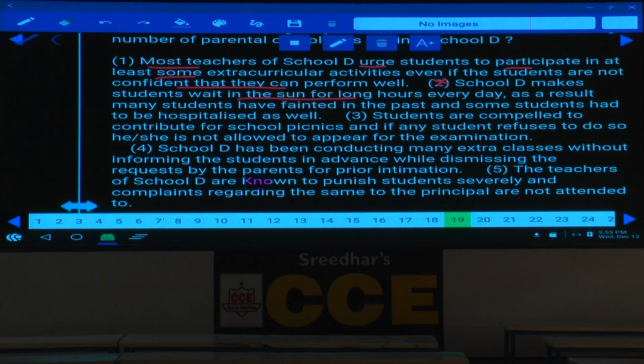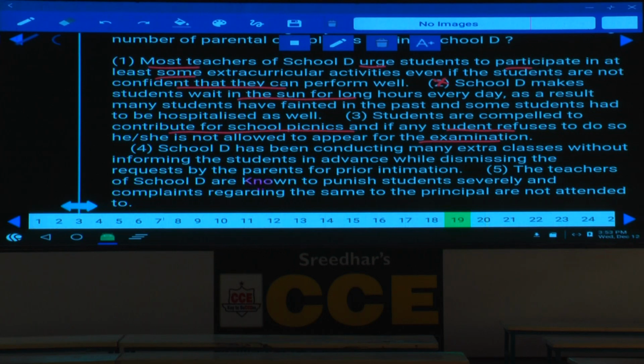Then the third one: students are compelled to contribute for school picnics, and if any student refuses to do so, he is not allowed to appear for the examination. This is again a negative for the students, isn't it? They have to spend some amount and contribute compulsorily. If they are not contributing, and the school is not allowing the children to write the examination, this is the reason why the parents are complaining, isn't it?